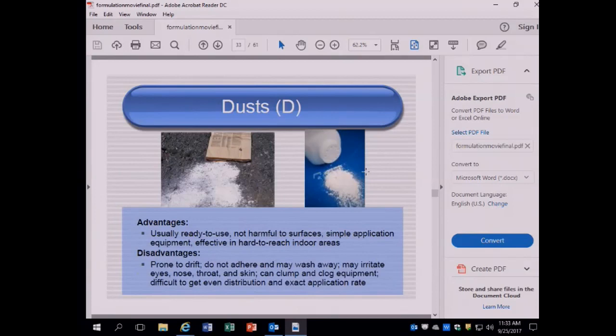They would actually use elemental ground sulfur and put it in a big type of blower and drive through the peach orchard or the apple orchard and just blow the sulfur out. One of the problems with that was it was prone to drift, and it didn't adhere to the target, and it's going to irritate your eyes and ears and nose blowing that dust around. It was a nasty chore.